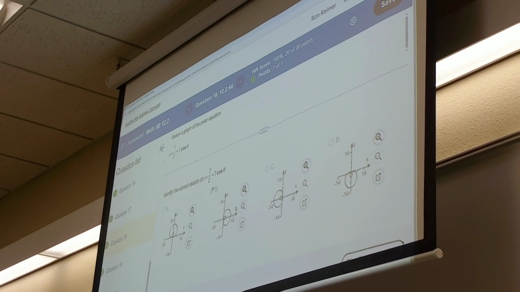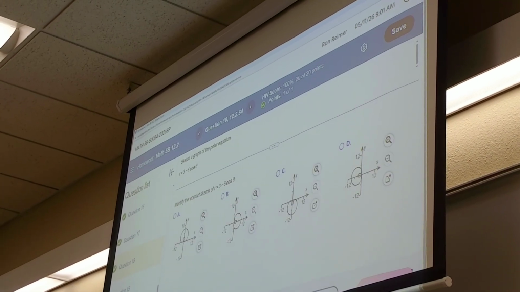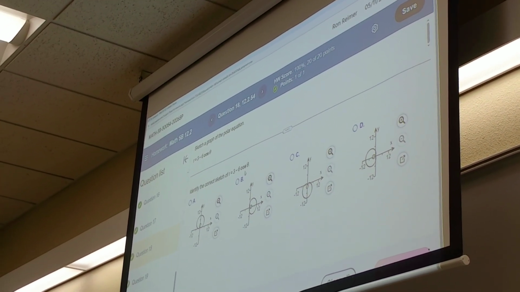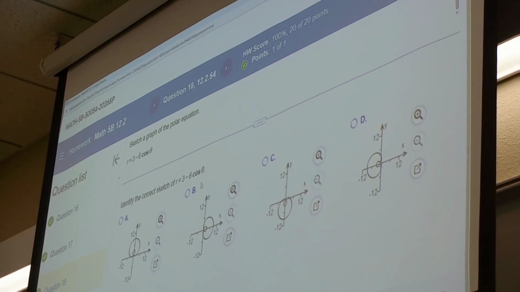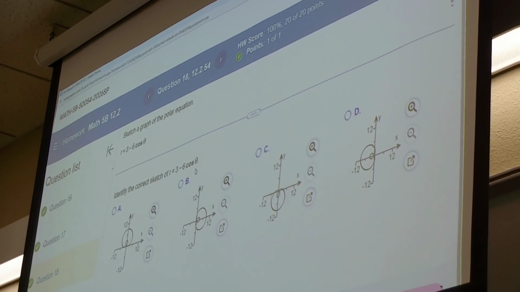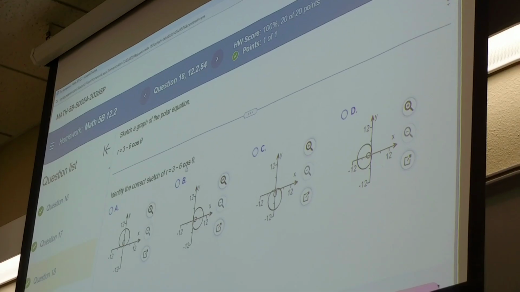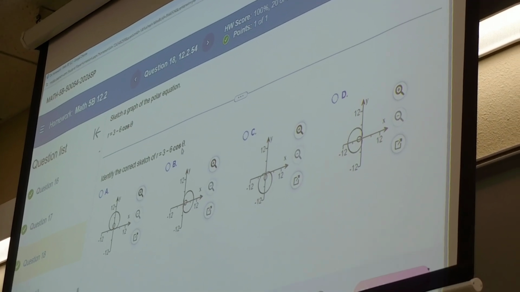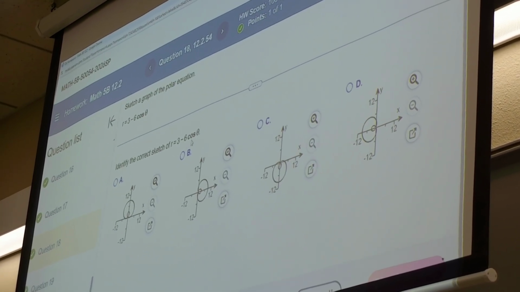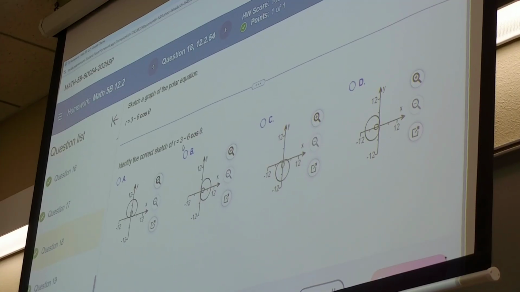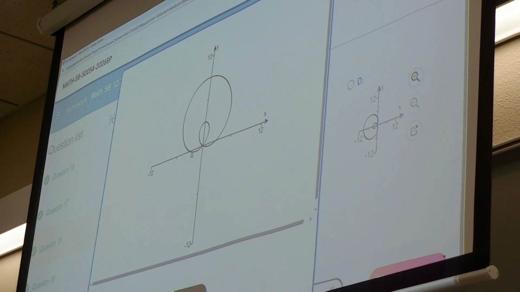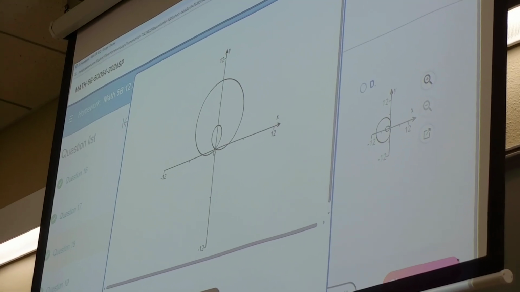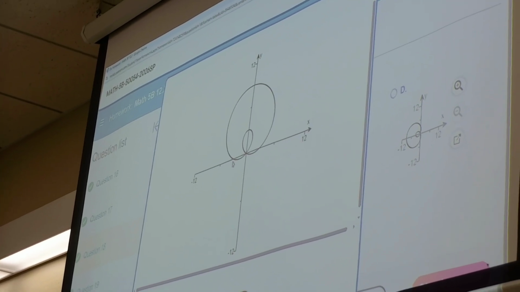So, let's look at this one, similar question. Let's say theta is 0, what's this gonna work out to? -3, because cosine of 0 is 1. 3 minus 6 times 1 would be -3. 0, -3, that's over here, right?